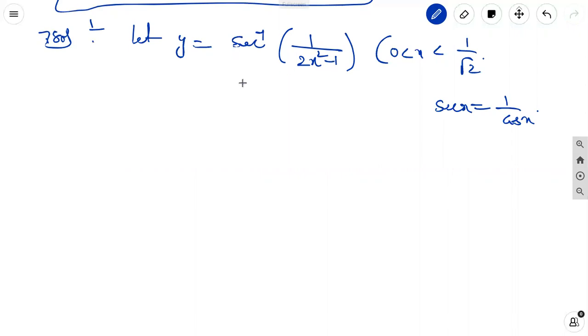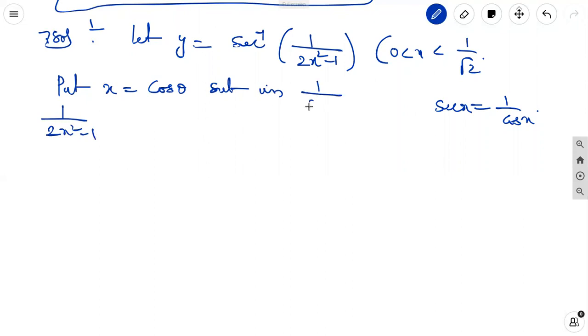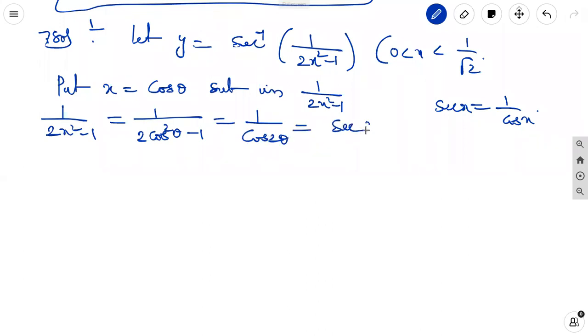If the same thing, here put x equal to cos theta, substitute in 1 by 2x square minus 1. It is equal to 1 by 2 cos square theta minus 1. That is 1 by cos 2 theta equal to secant 2 theta.